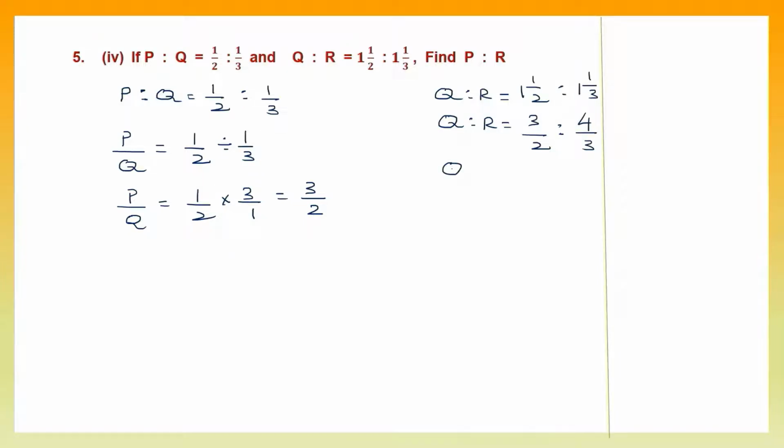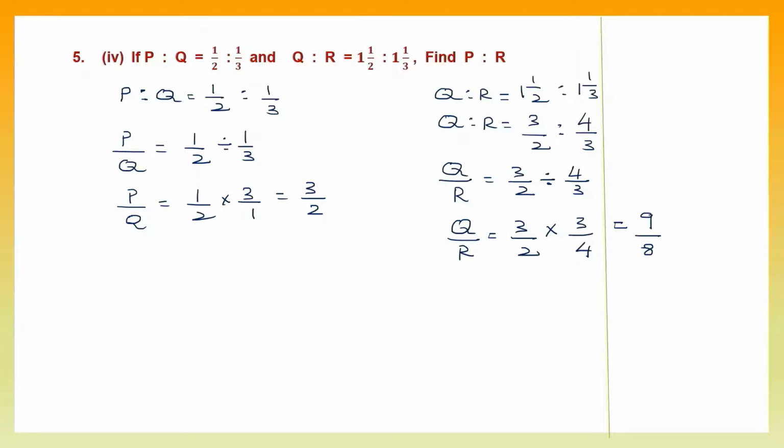Now let's write it as a fraction. Q by R equals 3 by 2 divided by 4 by 3. One more step. Q by R equals 3 by 2 into reciprocal 3 by 4, which is equal to 3 3s are 9, 2 4s are 8.